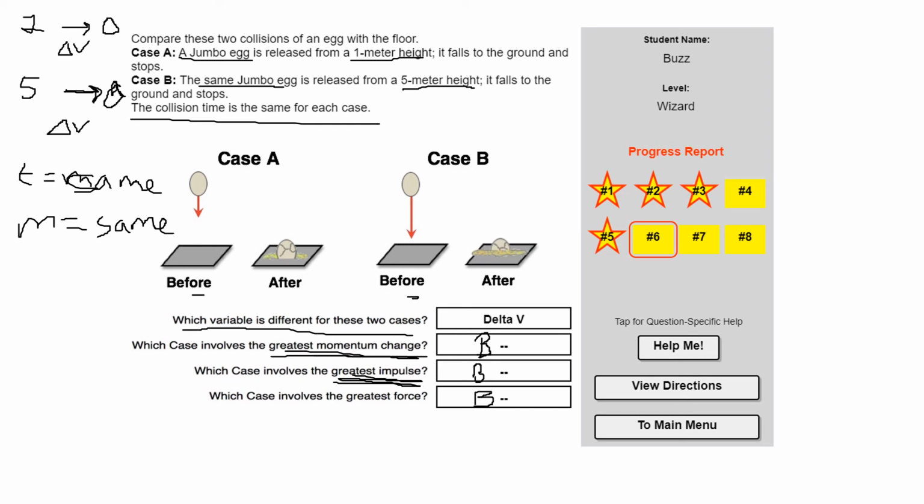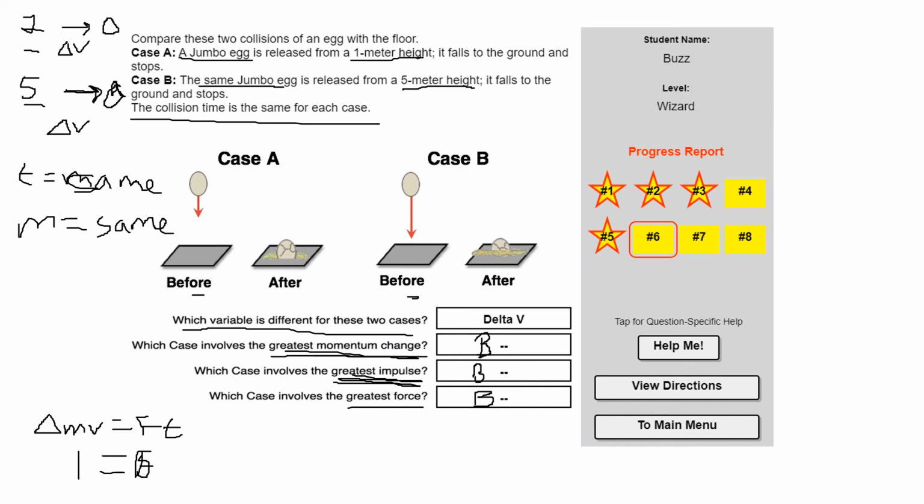If you don't get that and you want to see the math, here's the math. Let's just call these numbers our momenta. So we said mv equals ft. That's our equation. So we have 1 equals f times 1.